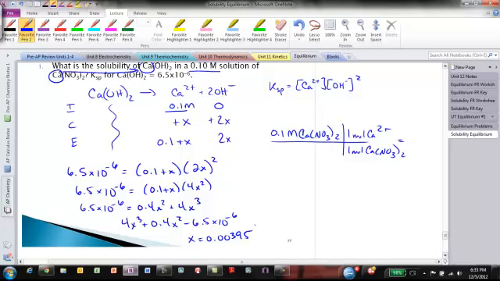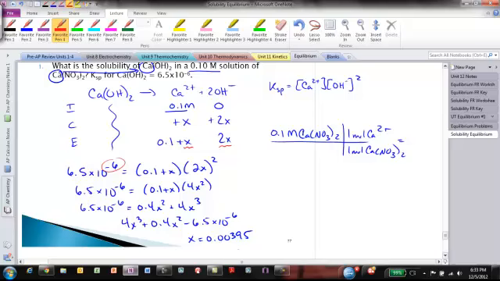Alright, so that was a lot of math work to go through. But we're going to go back to this assumption that happened before. The KSP is pretty small, which means the x that spits out is pretty small. You can never assume away something that's multiplied, because the magnitude of that matters a whole lot. But when you're adding it to something, if you're adding 0.1 plus this number, that's pretty much going to stay 0.1.